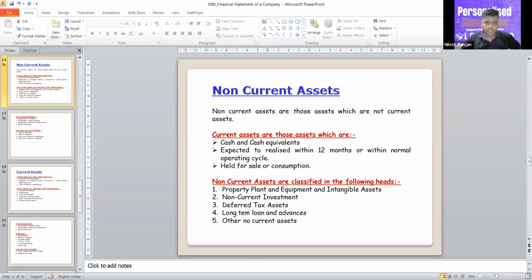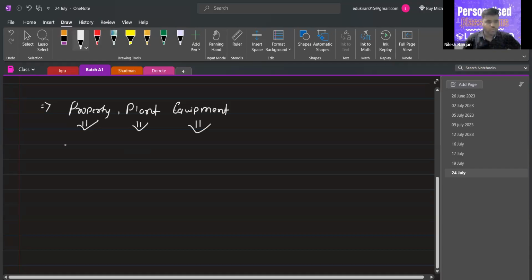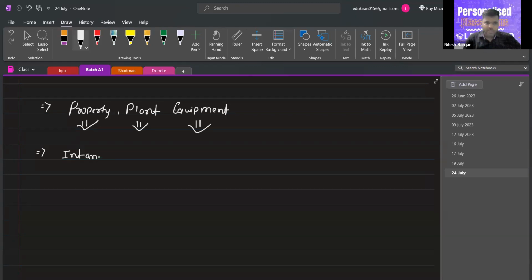Now the next item is intangible assets. Intangible assets means assets which help our business but cannot be touched or seen.